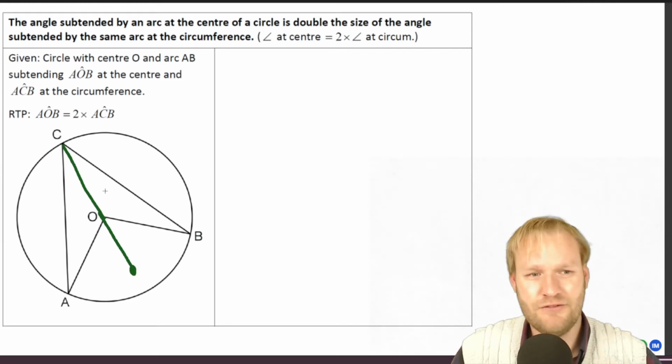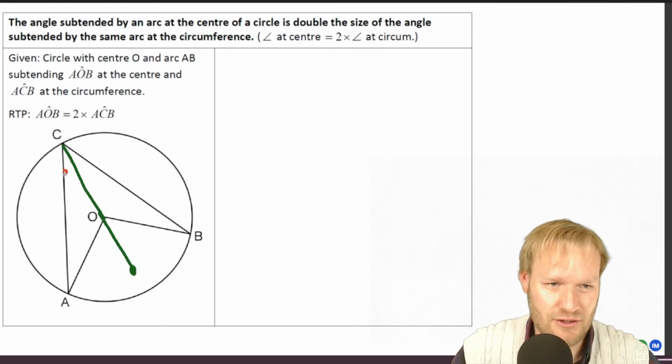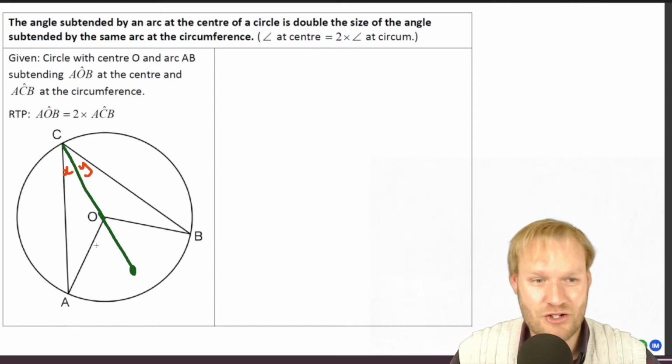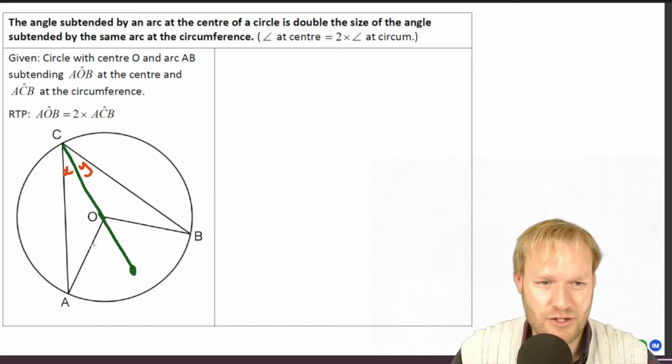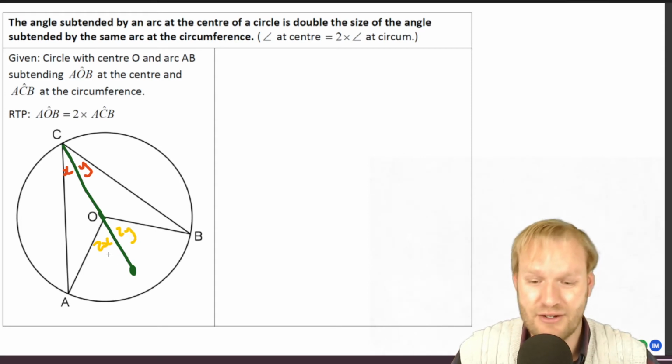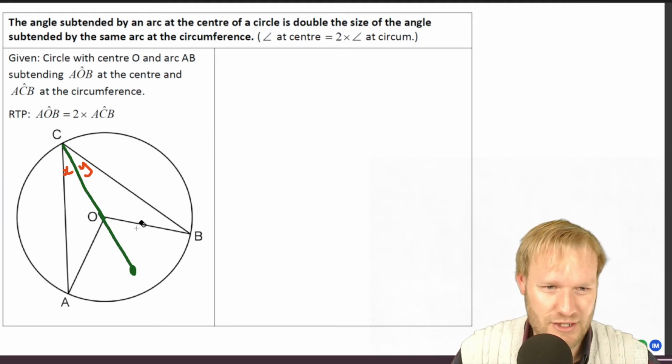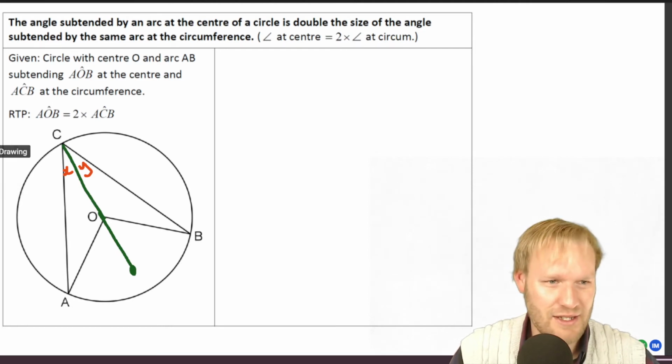So if we let this angle here be x and this one y, and we can show that this angle here is 2x and this one is 2y, then that angle in the middle is double the one on the outside, right? So that's our idea. How are we going to get there?